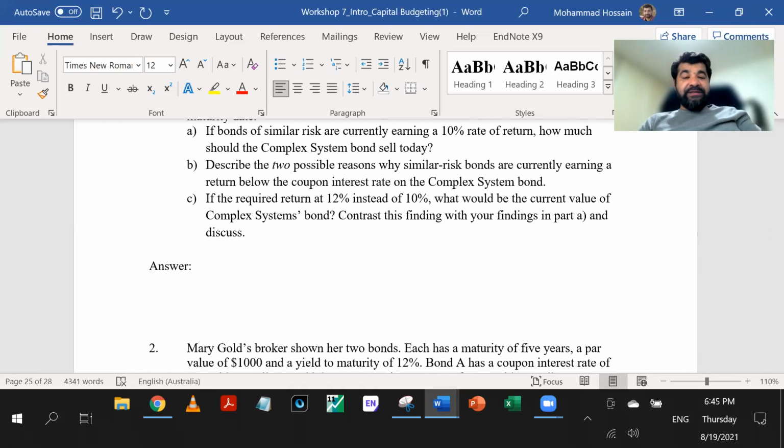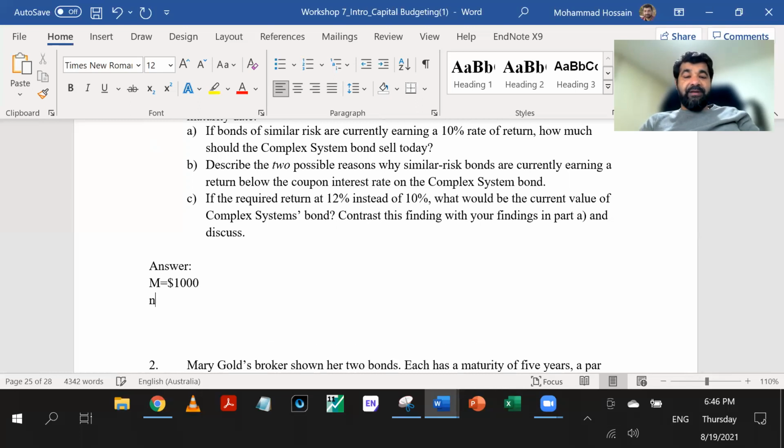What is given? M is given. M is equal to 1,000. N is equal to 16. And m is equal to 1.